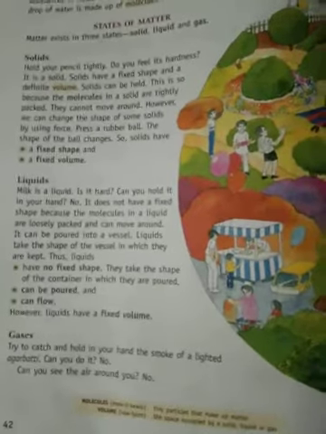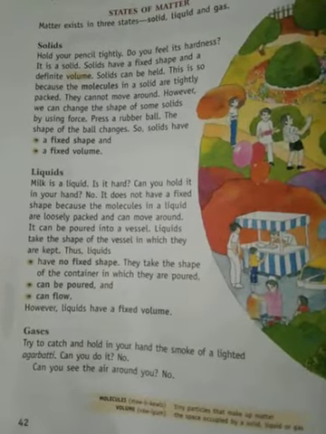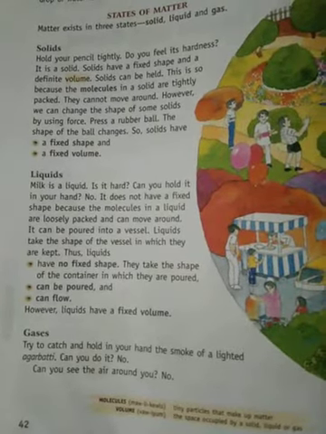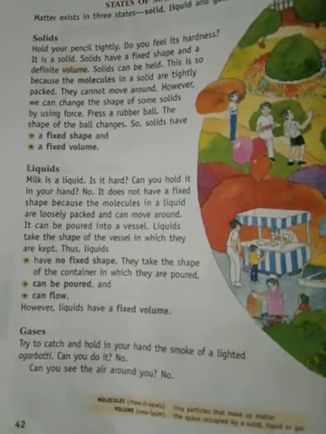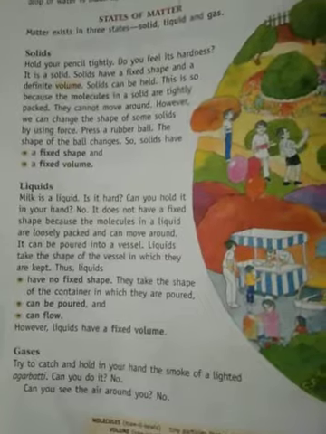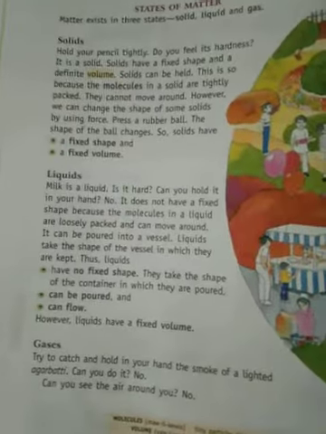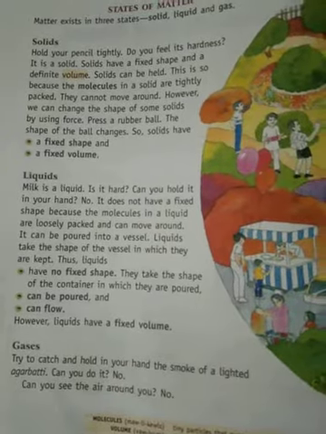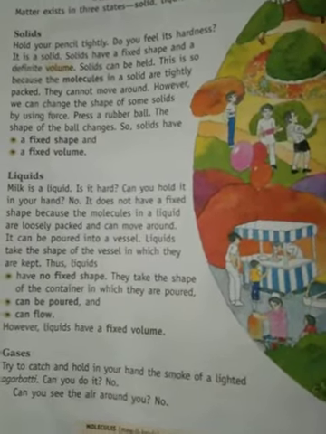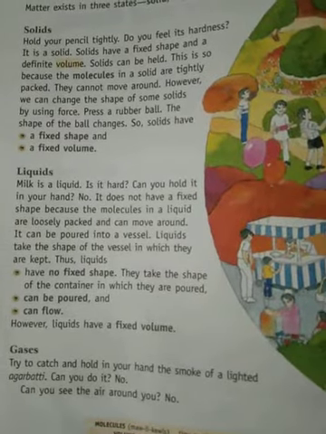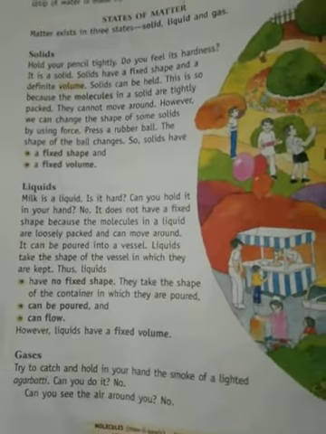What is solid? See, if you try to press any object, not only the pencil, any object, if it changes its shape very easily, then it is not a solid.